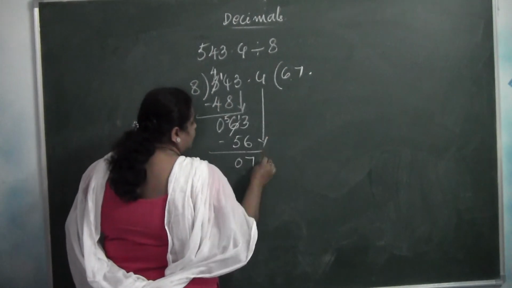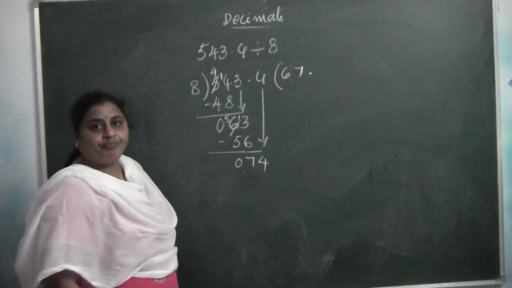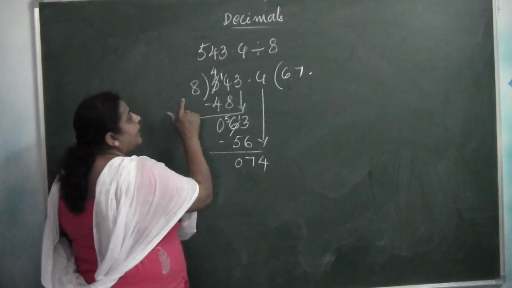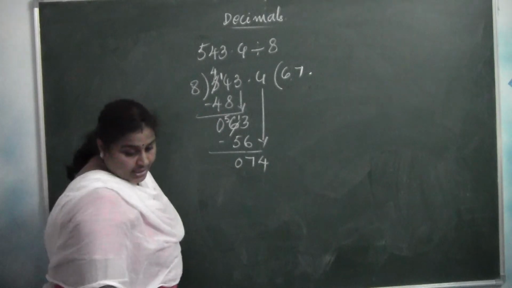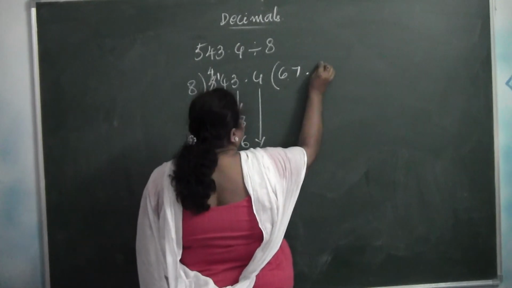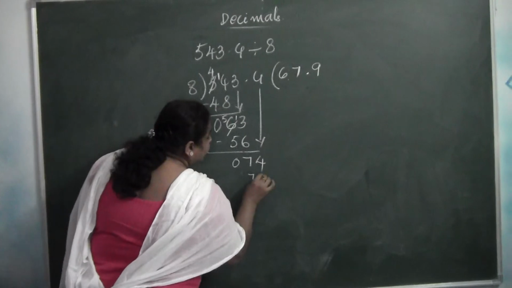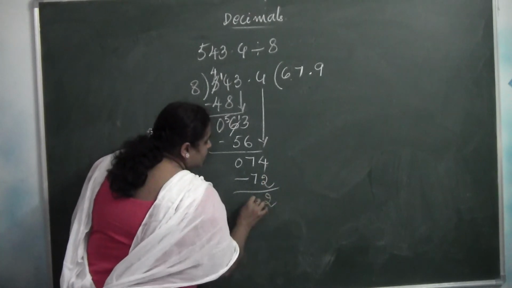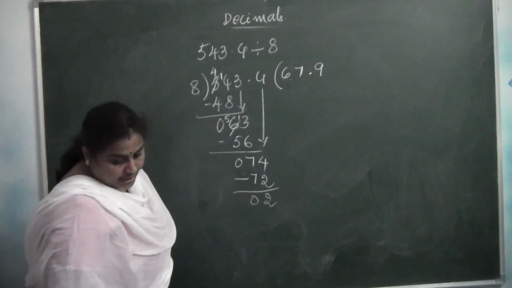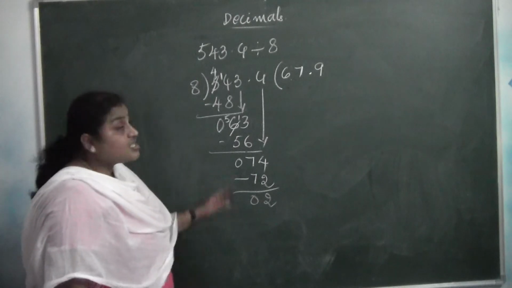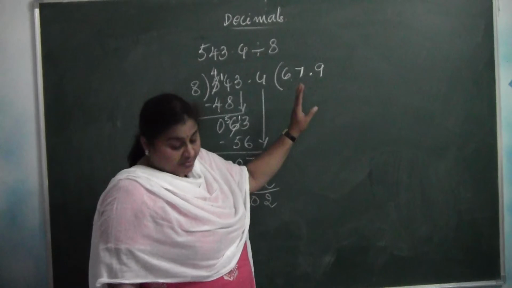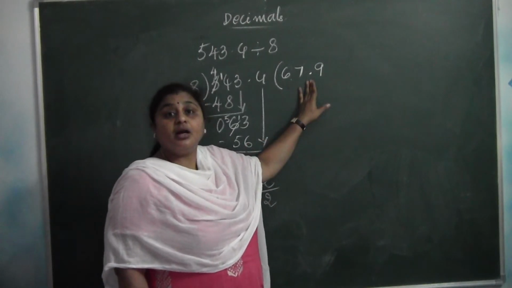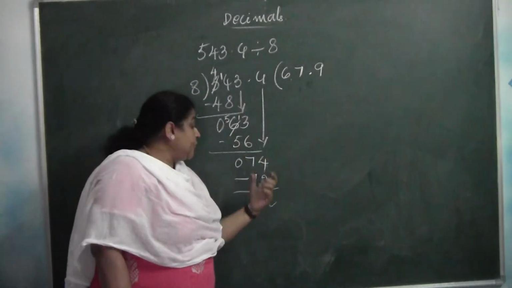Then drop 4 down. Yes, now what is the nearest number to 74 in table 8? 8 9s are 72. Right? Now 4 minus 2, 2. 7 minus 7, 0.